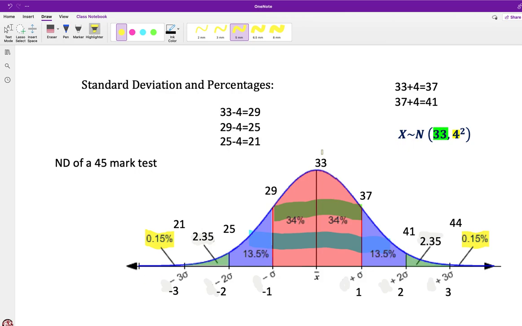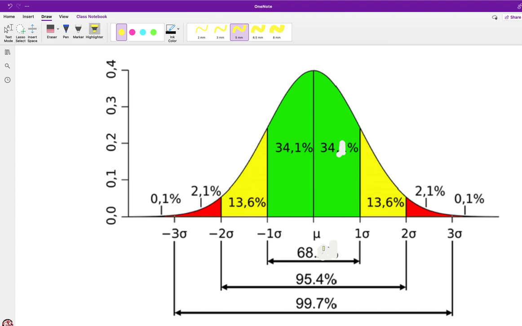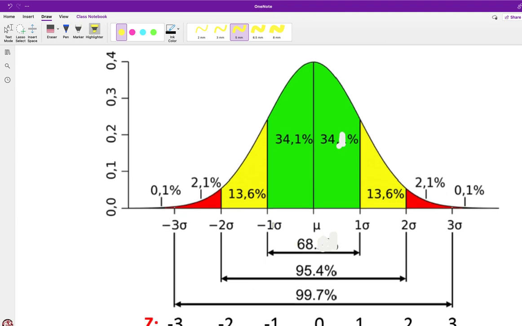So that's how you work with the normal distribution curve. Now, I would love you to write down these numbers under your chart if you can. I'm going to erase this number and put a number I like in there. You'll notice these numbers up here are different.